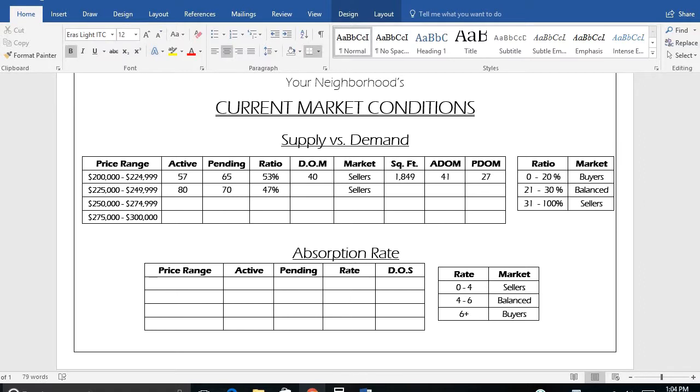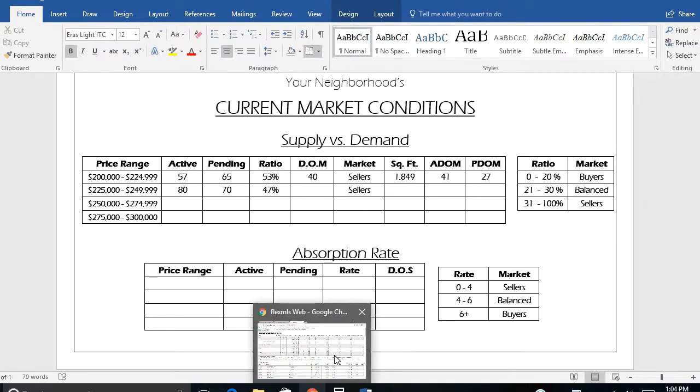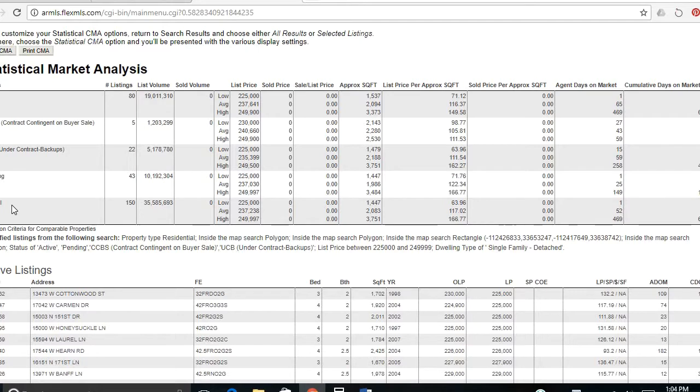Okay, so if we go back to our CMA, overall days on market is 52, active is 65, and if we look at pending, it's only 25 days. Okay, so I'm going to use that 52, 65, 25.